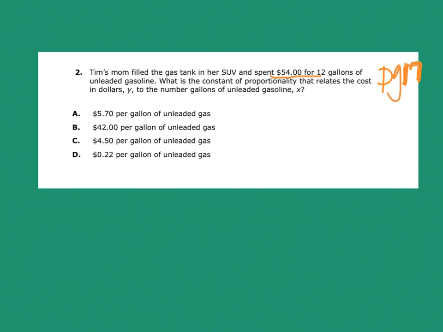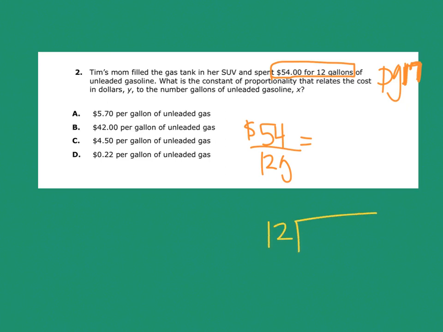What we need to know is how much is just 1 gallon. Per gallon is what it asks for. So if you spend $54 and you get 12 gallons, how much is just 1? Which is a simple division problem. I'm going to divide 12 into 54. This is going to be 4 because 4 times 12 is 48. When you subtract, you will get 6.